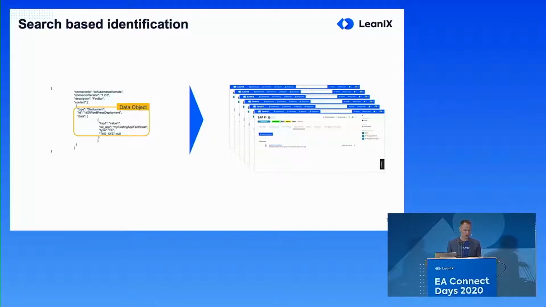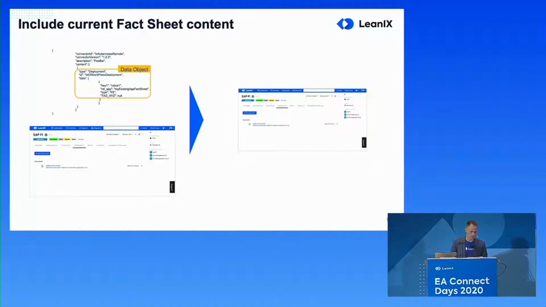And the search, of course, can be customized on the fly using the incoming data, which makes this solution very flexible. The second feature allows you to merge data from an incoming data object with data we already see on the fact sheet. And this could even include other entities like tags, relations, where you could pick the data from and then use it.